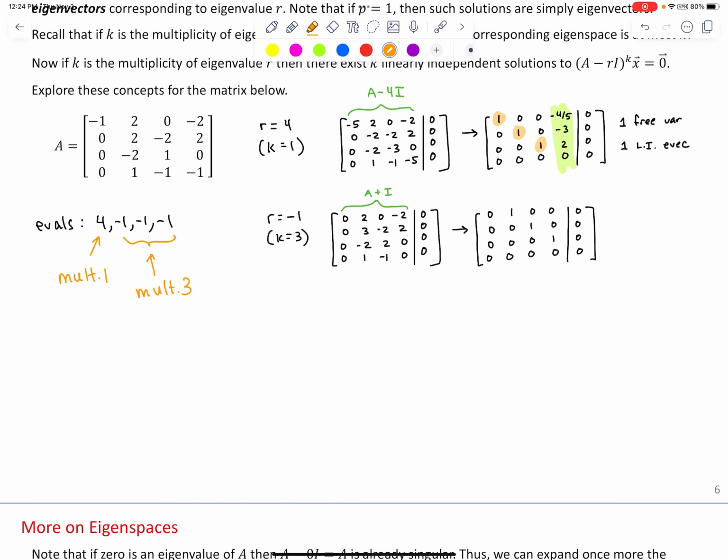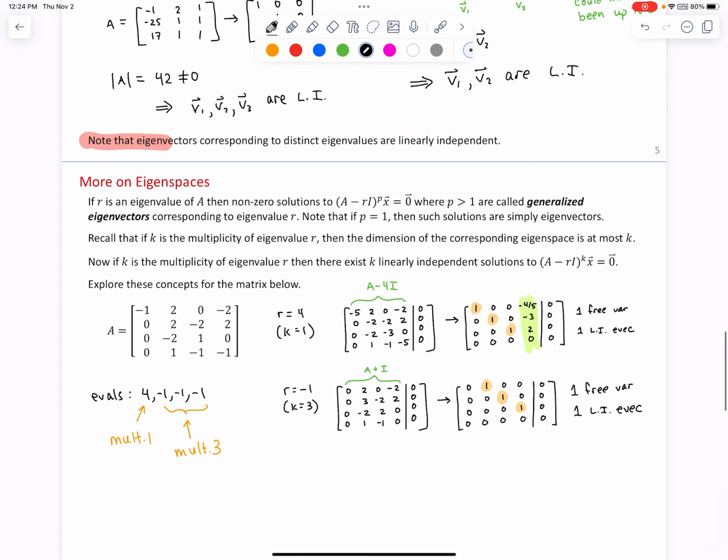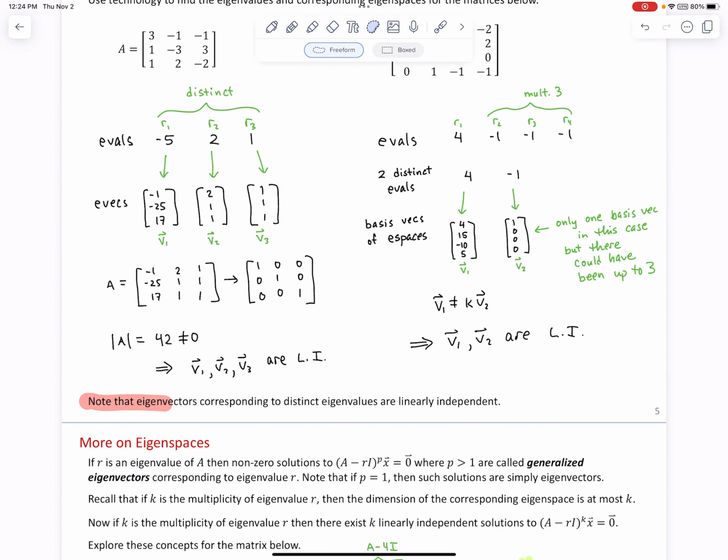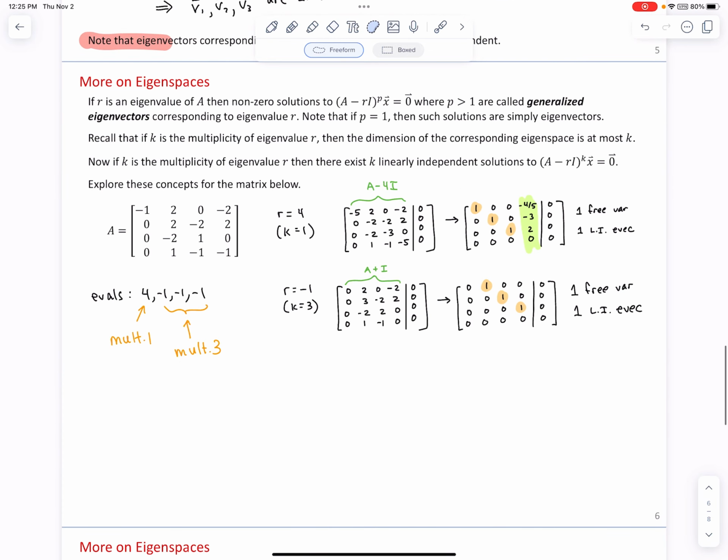Notice that we have 3 pivot positions, so we only have 1 free variable, which means we're only going to get 1 linearly independent eigenvector. This is not surprising, because on the last page we already knew from Wolfram Alpha that this repeated eigenvalue only had 1 eigenvector in the basis of its eigenspace. So our work here is confirming that knowledge.